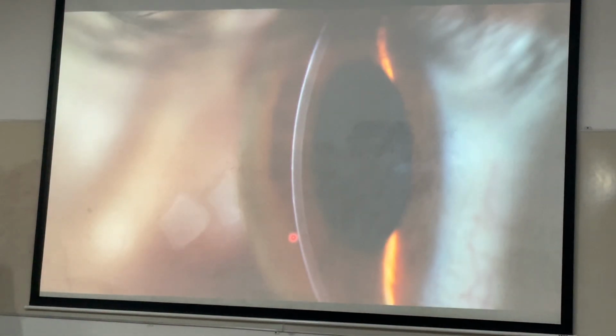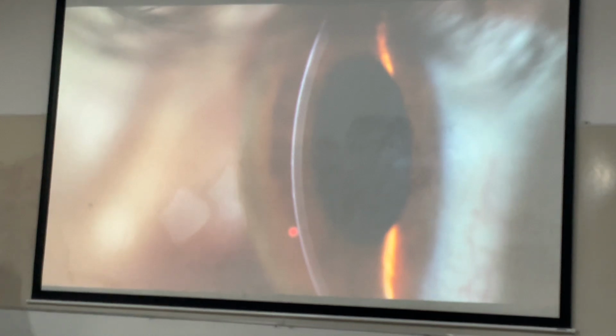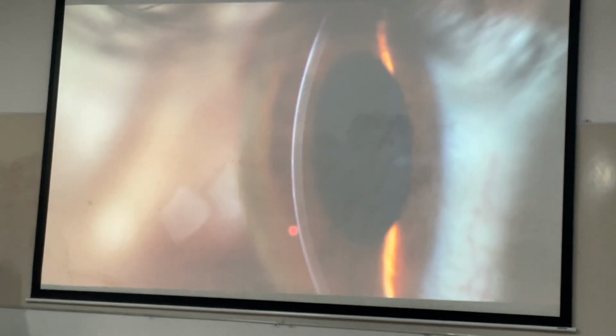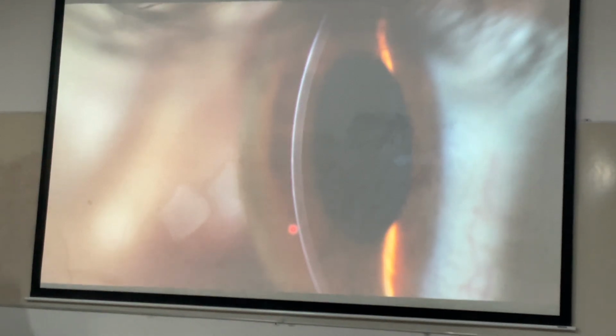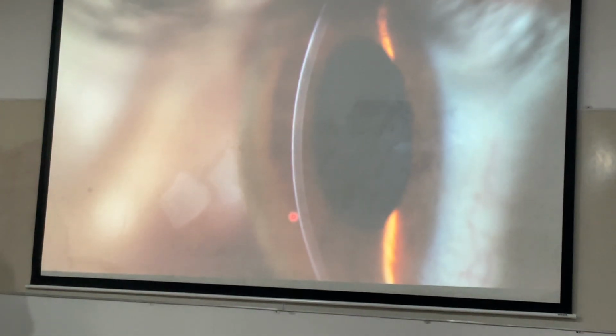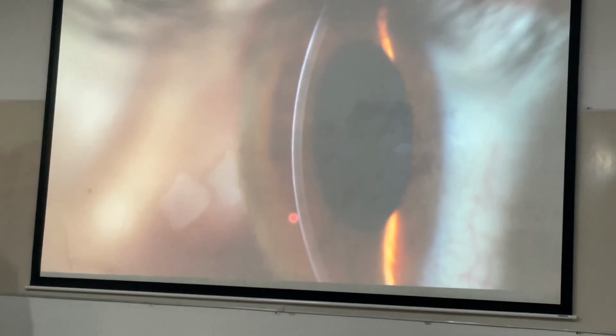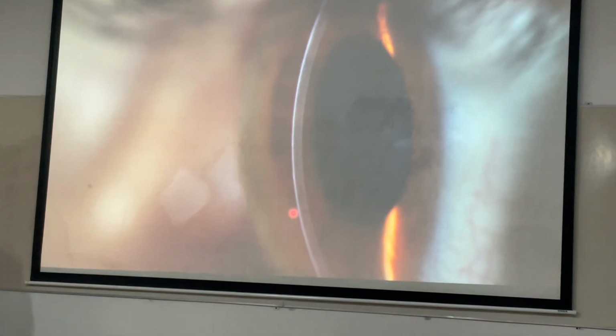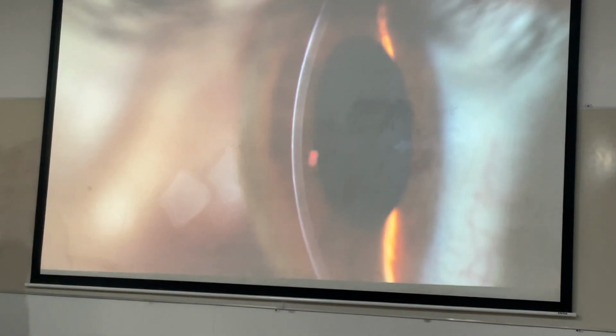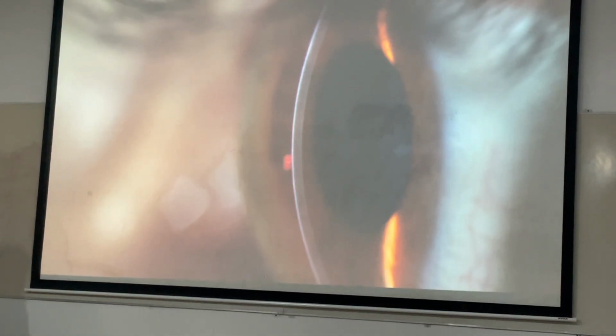Okay. So when we examine patients under the slit lamp or under the microscope, this is what we normally see. It's not very clear in the photo, but that is an eye seen under magnification under the slit lamp. So this white structure, no?